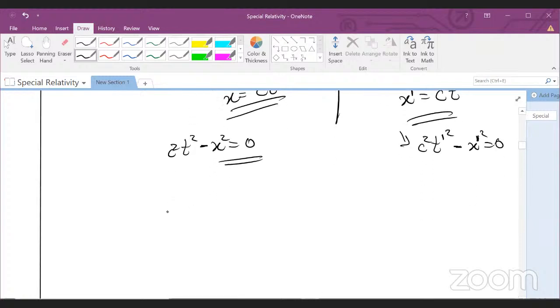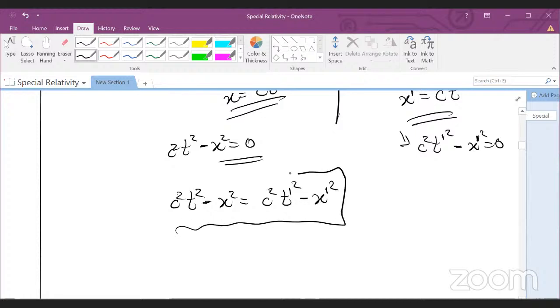What do I get? I get c square t square minus x square equals c square t dash square minus x dash square. So this is one of the important equations that will help us in getting the Lorentz transformation rules that will keep speed of light a constant.